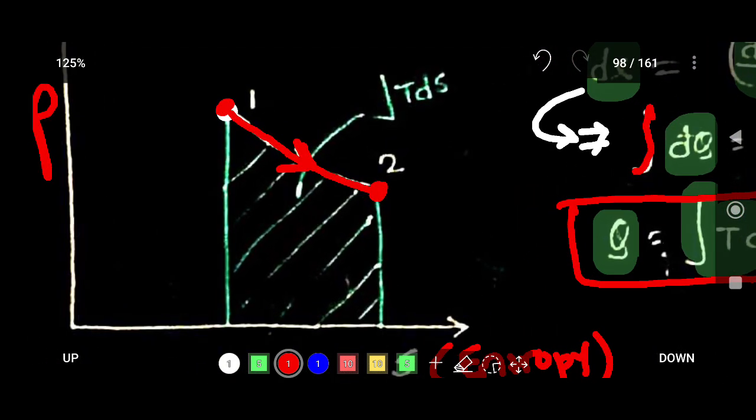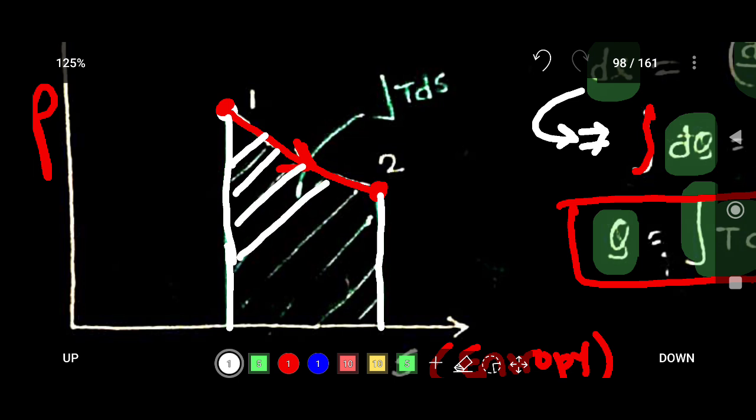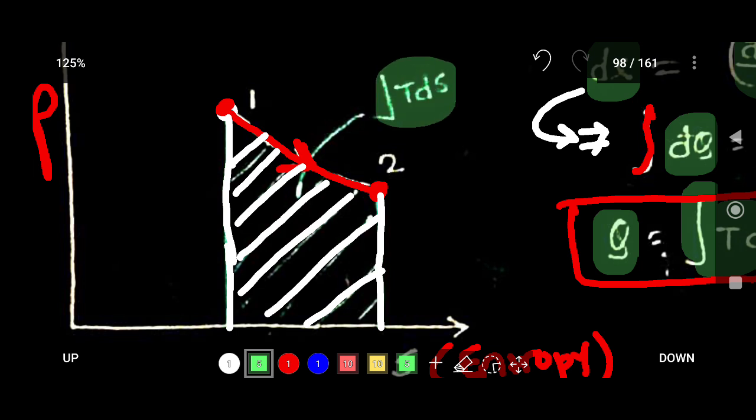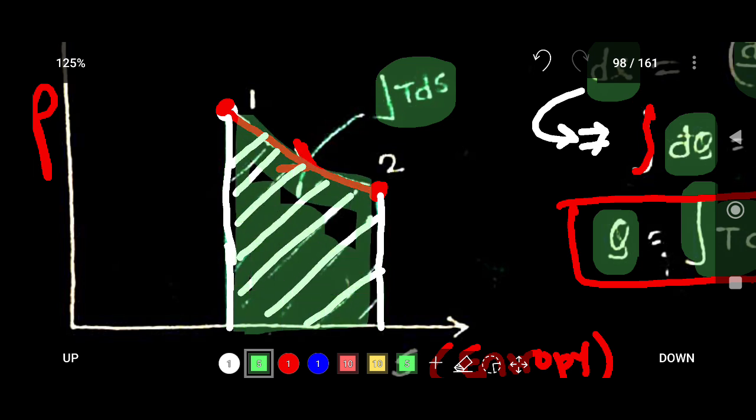Now, what is the integration of T dS? If you draw a vertical line on the entropy axis, this area will be the integration of T dS. This area indicates the amount of heat transferred for a reversible process.